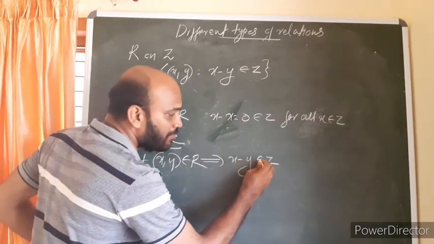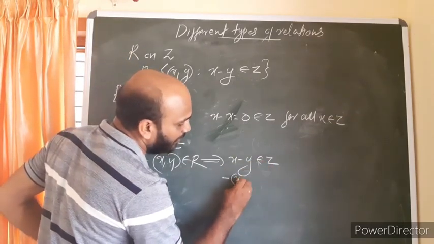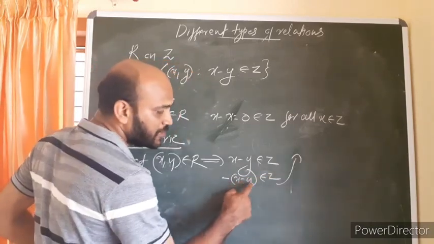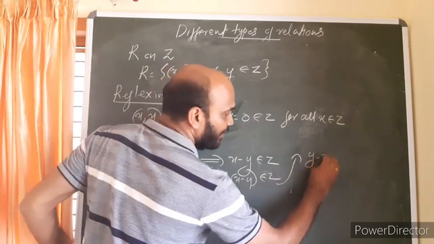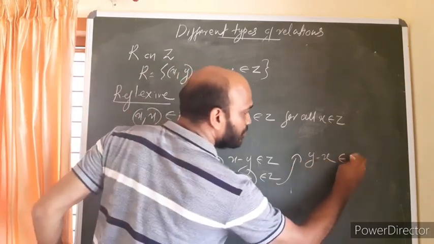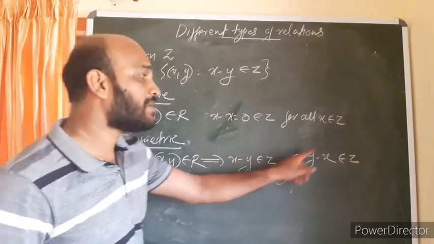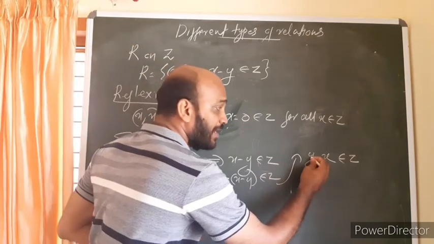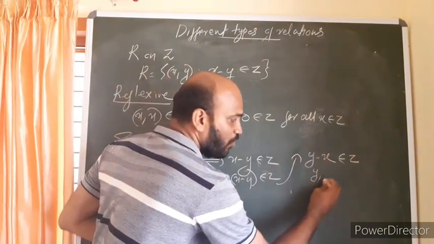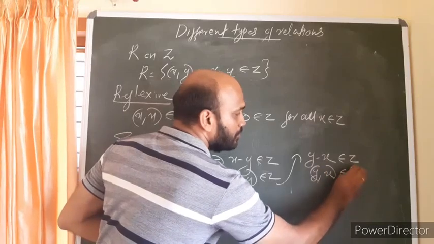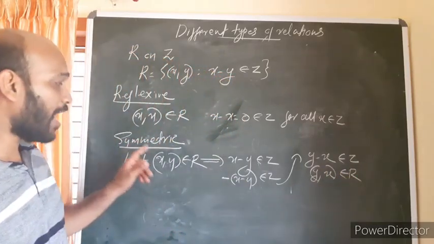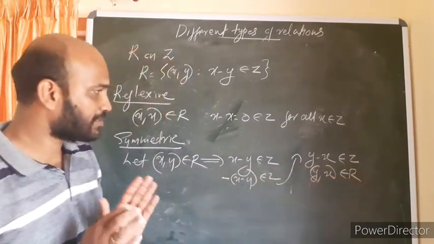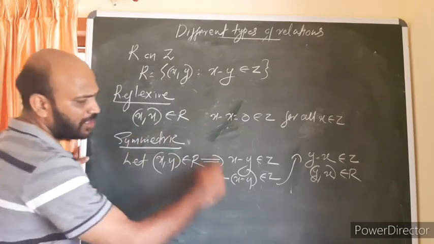But since x minus y belongs to Z, minus of (x minus y) belongs to Z. Minus of (x minus y) means y minus x belongs to Z. Y minus x belongs to Z means y is related to x. Then we can write like this: (y,x) belongs to R. Now, if (a,b) belongs to R, then (b,a) is there. So it is symmetric. Symmetry you have to prove like this.